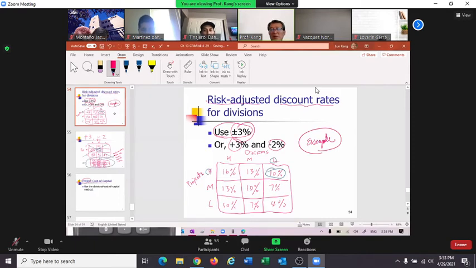It says given that the average cost of capital of the company is 10%. Yeah, just out of nowhere, I just made it up. Thank you for asking.